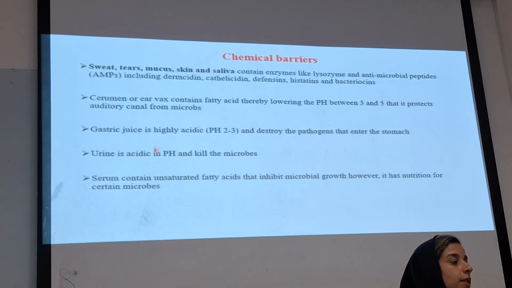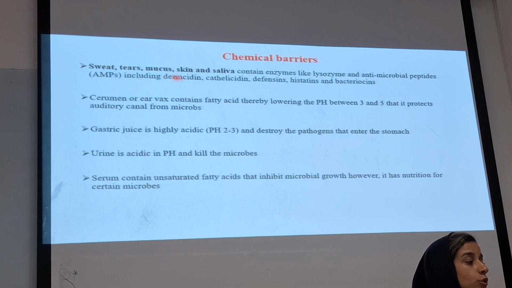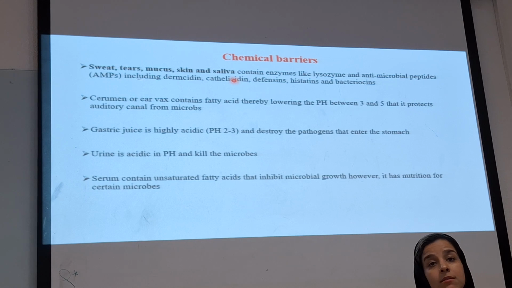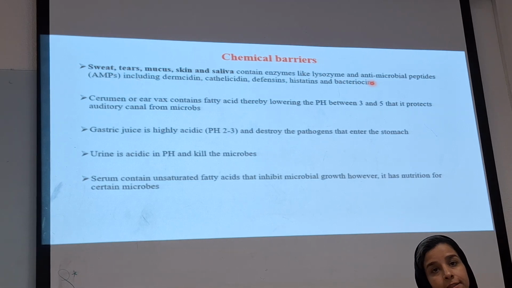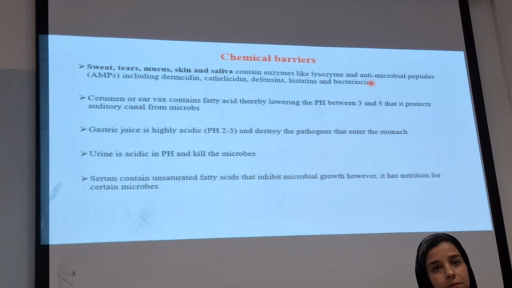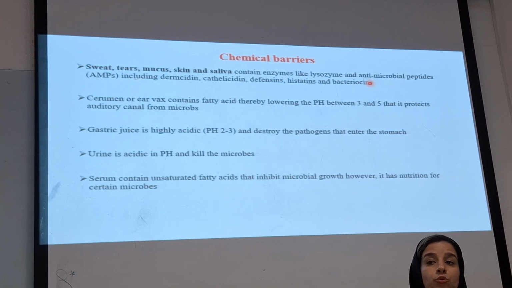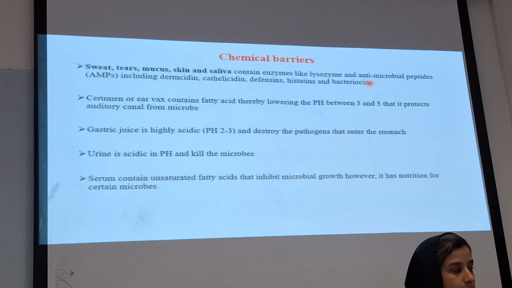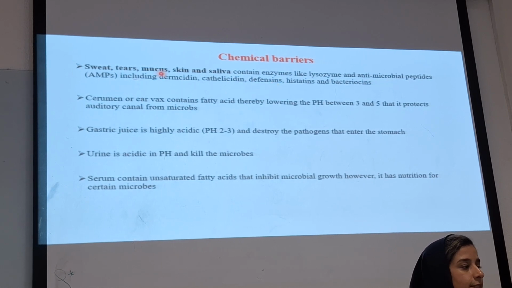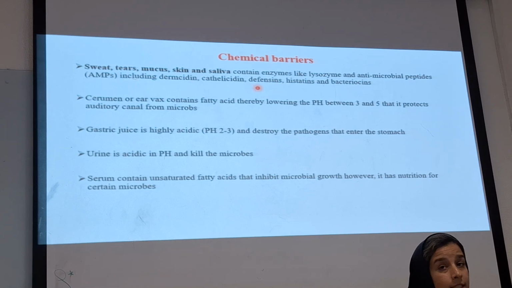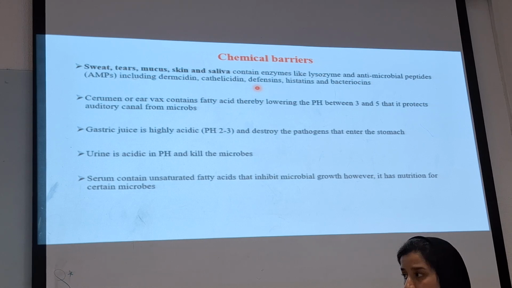For example, in our sweat, tears, mucus, and skin secretions, we have an enzyme called lysozyme, and this lysozyme has antimicrobial activity against different pathogens and is able to destroy the cell wall of pathogens. And the other chemicals present in this area are cathelicidin, defensin, bacteriocin, histatin, and other types of chemicals.